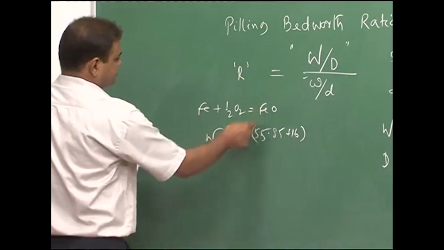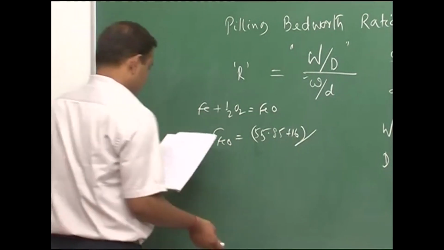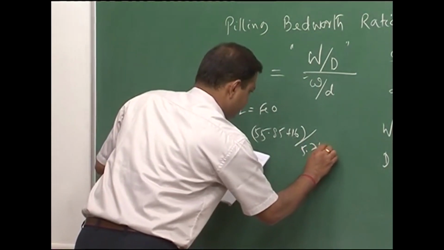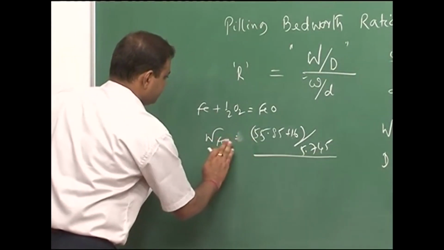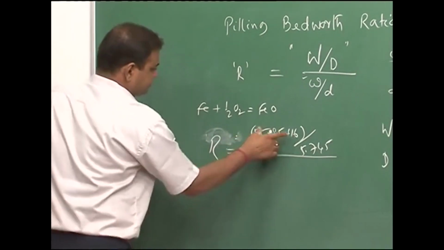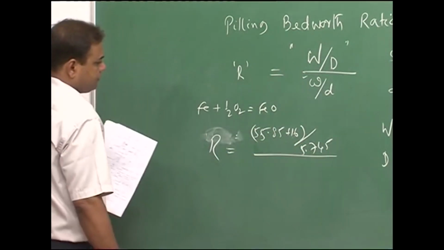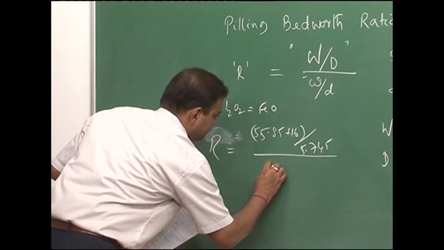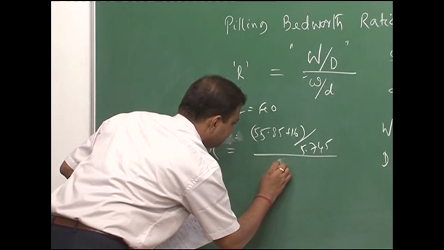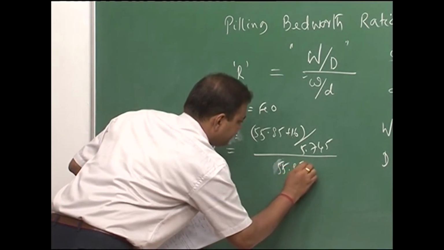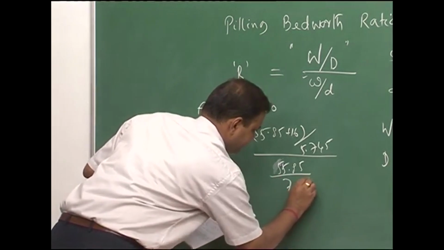16 is the atomic weight of oxygen, 55.58 is the atomic weight of iron, divided by 5.745, which is the density of FeO. This R is equal to this: basically the molecular weight W of FeO divided by the density of FeO, and then for iron, the weight of 1 mole of iron is 55.85, and the iron density is 7.86.